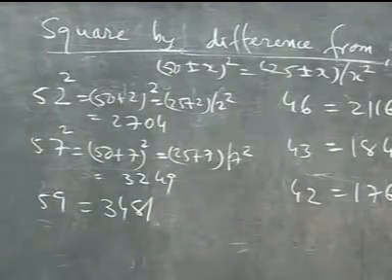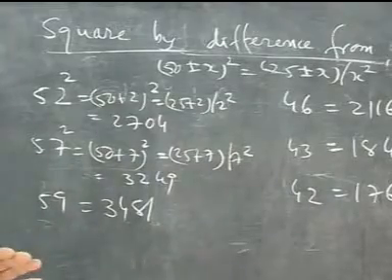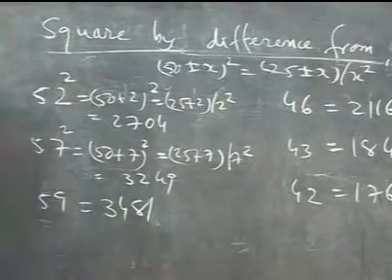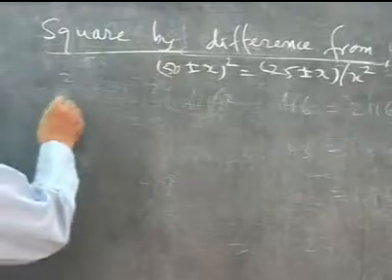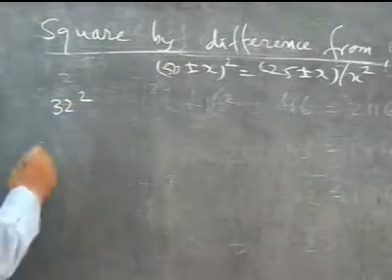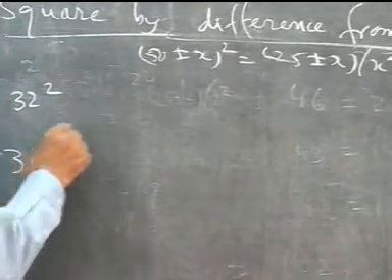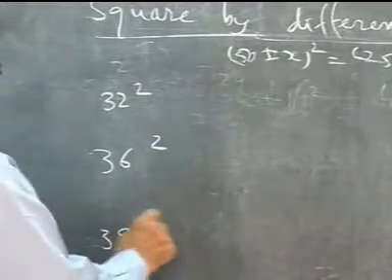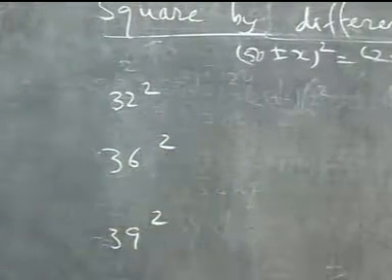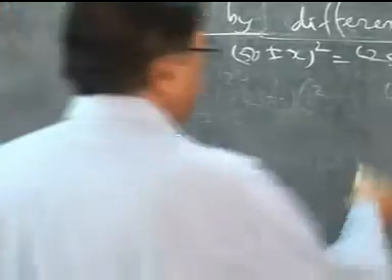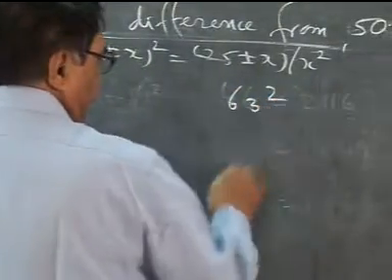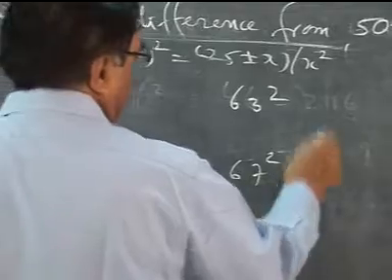Obviously the question will be if a number lies before that or goes beyond it. Let us take some illustrations of that type also. Suppose I want 32 square or 36 square or 39 square. On another side, I can say 63 square, 67 square, and so on.